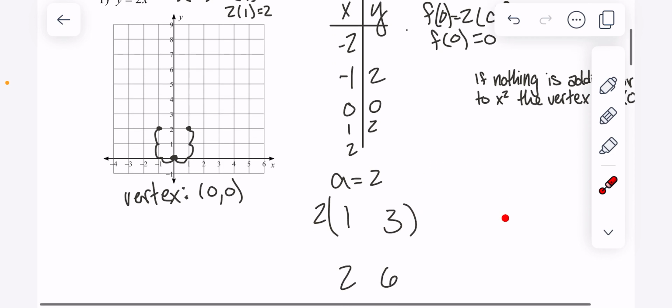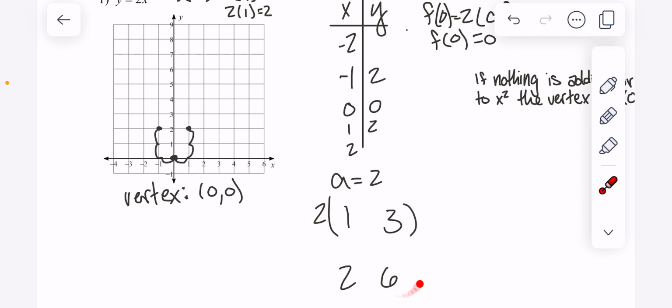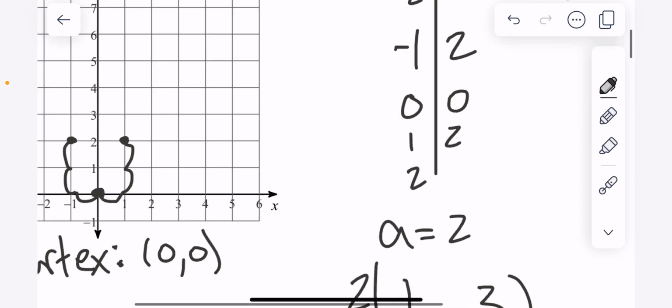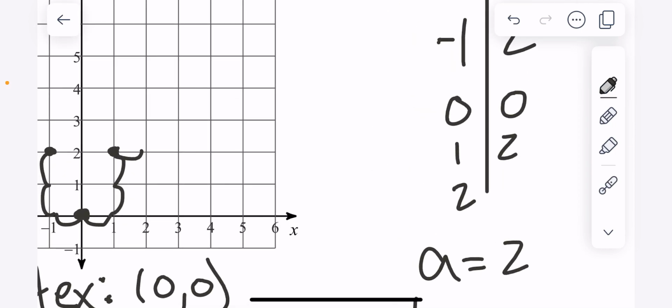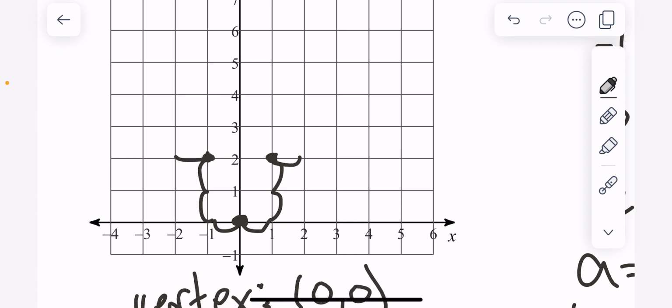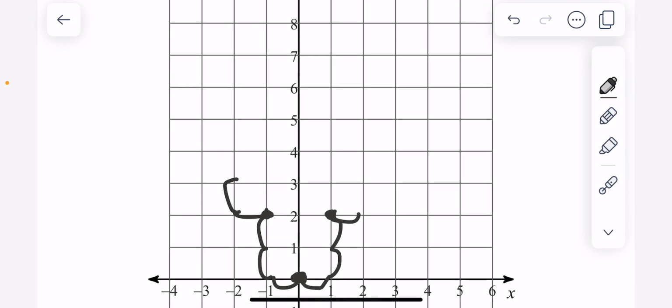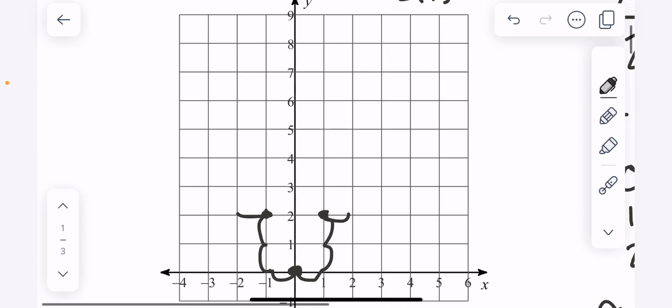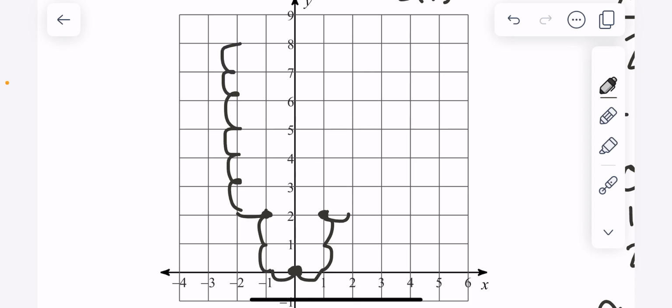All right, next one, I'm going to rise 6. So I always go left, right, 1. But in this case, I'm going to rise 6 instead of rising 2. Oh man, I lost my points. 1, 2, 3, 4, 5, 6. So getting all the way up to 8.